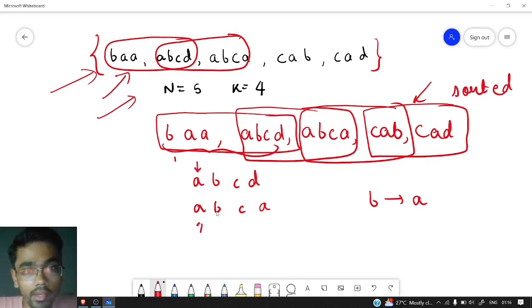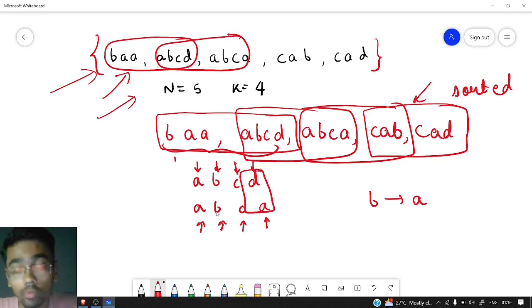Here we have A and A, both are the same, so this can't be the point of difference. Then B and B, again not the point of difference. Similarly C and C, both are the same. Then we come across D and A. These two characters are different, so this is the point of difference in these two words.